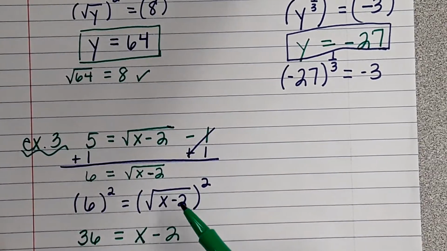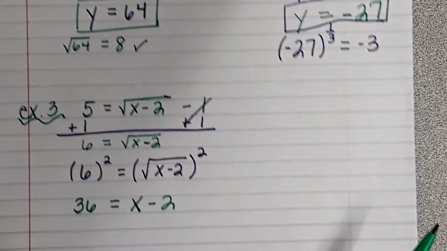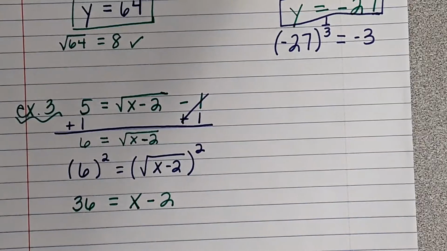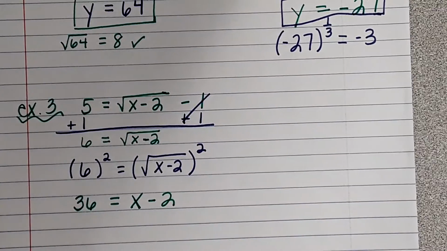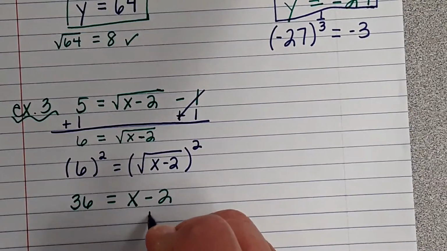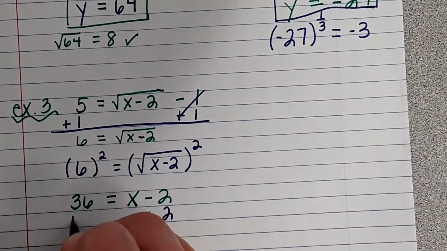So when you square a square root, you get what's left under the square root. Again, you guys, when you square a radical or you cube the radical, whatever you have to do to get rid of the radical sign, you're just left with what's underneath the radical. So now, in order to get x by itself, I am going to add 2 to both sides.